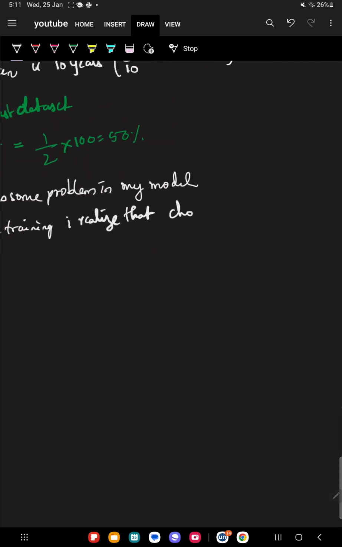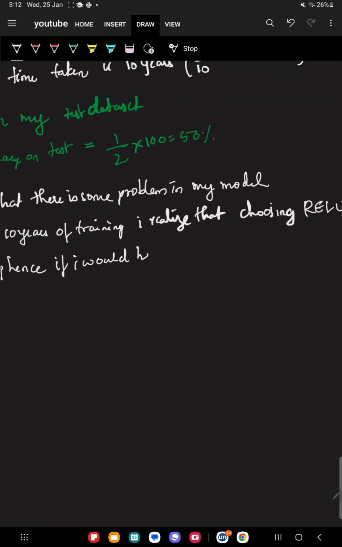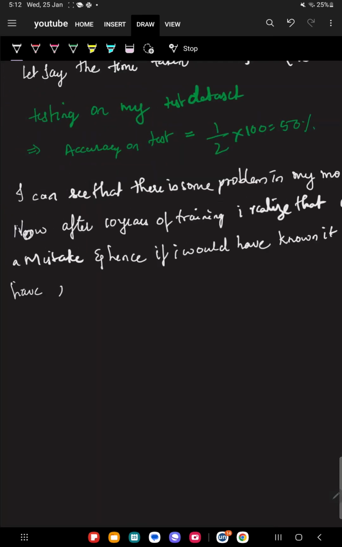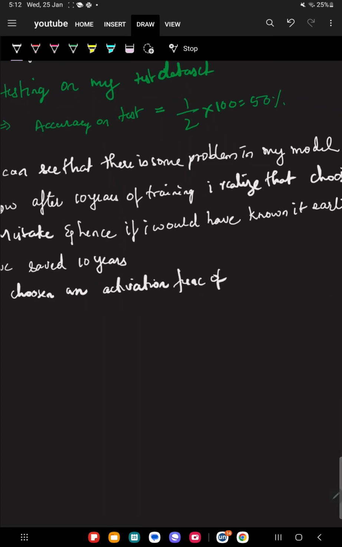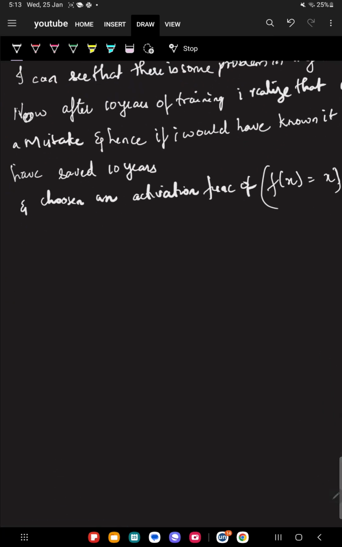If I had known it earlier, I would have changed my function from ReLU to something of the form f(x) equals x, because this would have trained my model better and I would have got better predictions. In this case, it would have given me an accuracy of 100%.